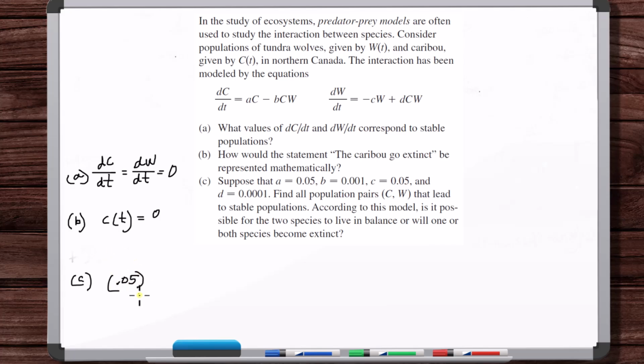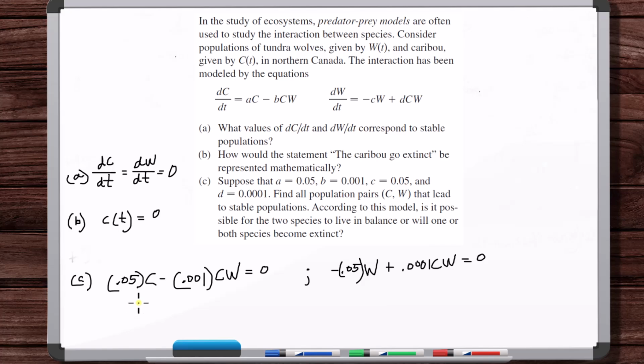So 0.05 times C minus 0.001 times CW is equal to 0. And then for the wolf case, minus 0.05 W plus 0.0001 CW is equal to 0.